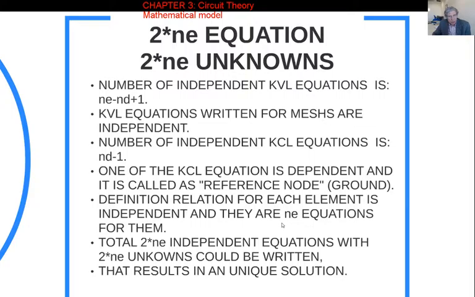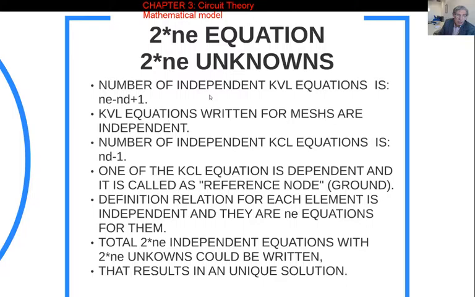So this conclusion is quite clear: if the elements are the ones that we have seen, that means dependent sources and resistors included, any such circuit is called a resistive circuit. The mathematical model of this resistive circuit is linear algebraic equations, which are found as explained here.